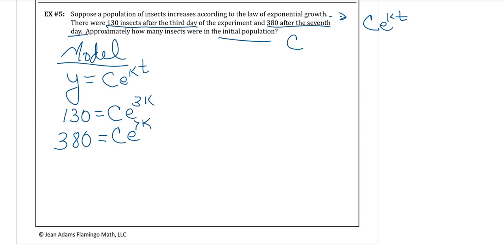Now, what we can do here is solve for k first by making a ratio of these two. So we can do 380 divided by 130 is equal to C e to the 7k over C e to the 3k. And I usually do it this way so that my exponent will be positive.